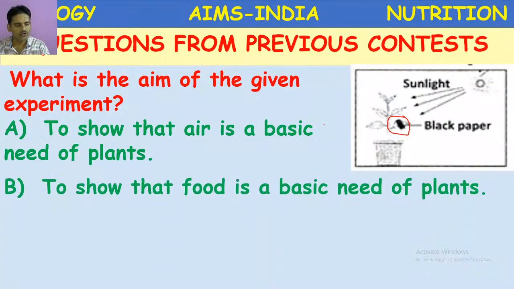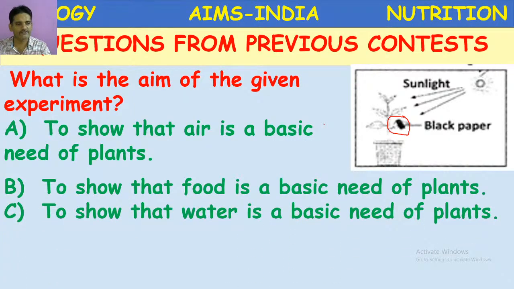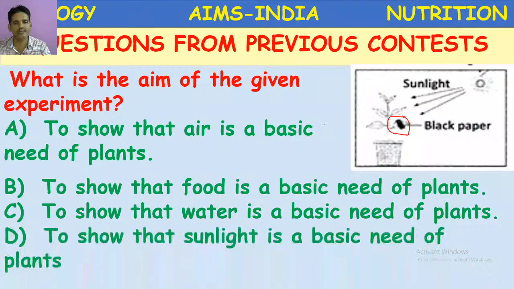To show that food is a basic need of plants. To show that water is a basic need of plants. To show that sunlight is the basic need of plants. So come on children, this is one experiment.